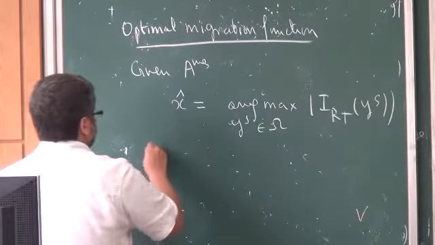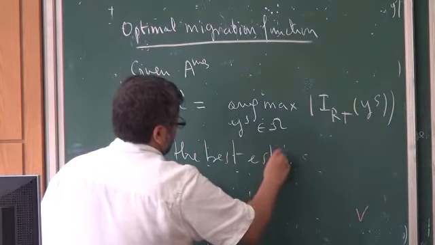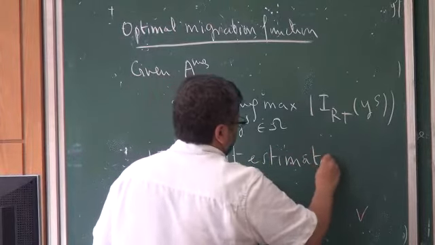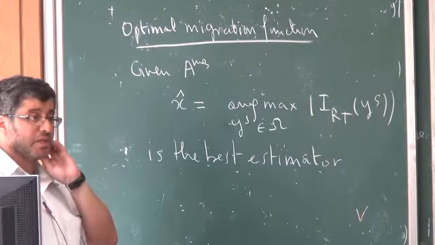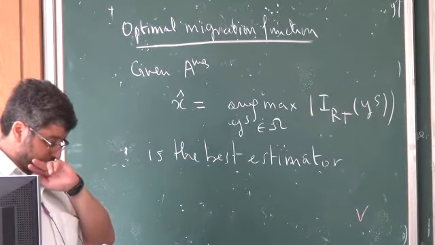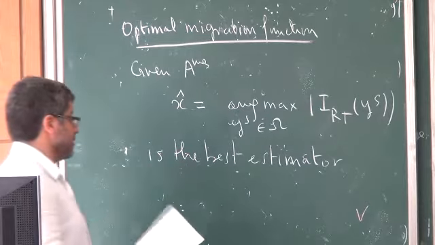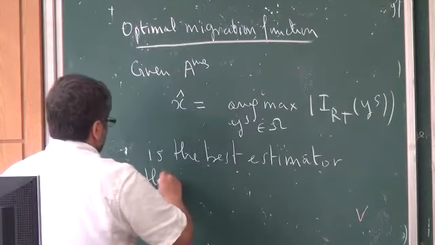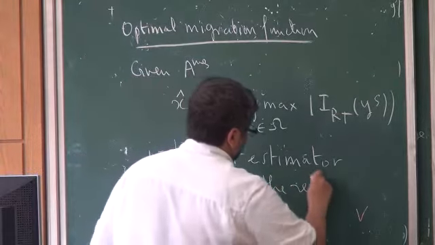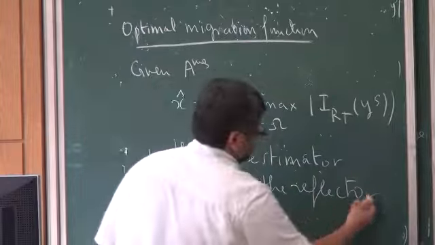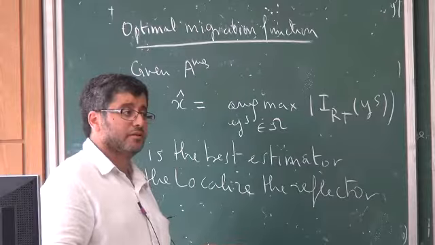This estimator is the best estimator. But in which sense? It's the best estimator to localize the reflector in the minimal variance sense.